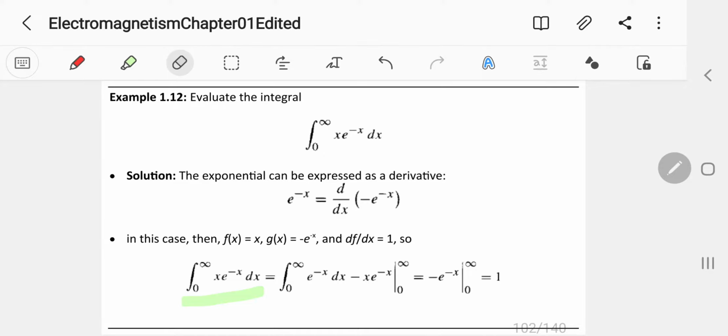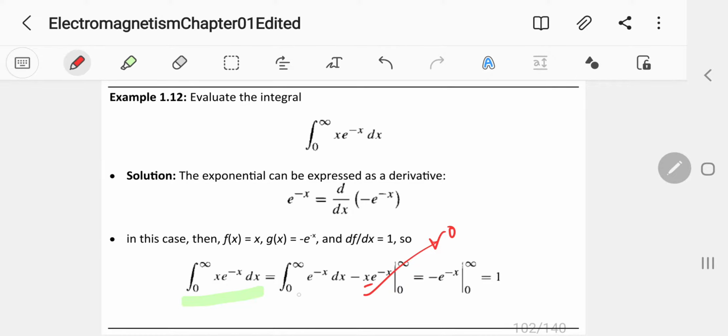So if you evaluate this, x going to infinity with e to the negative infinity will just give you a very small number, much smaller than the x here, so it would be 0, and then you also subtract 0, so you have 0 for the whole thing.